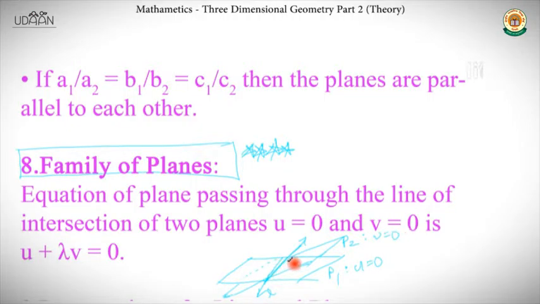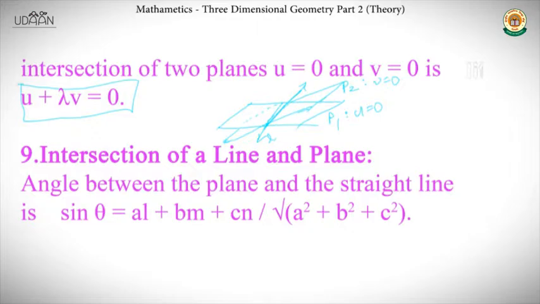So the equation of all the planes passing through the line of intersection of planes P1 and P2 is the family of planes, given by u + lambda v = 0.